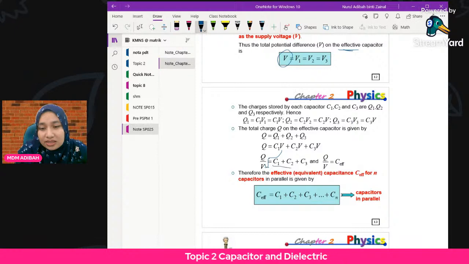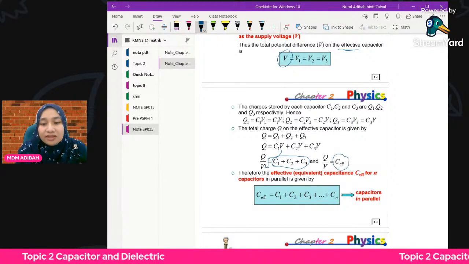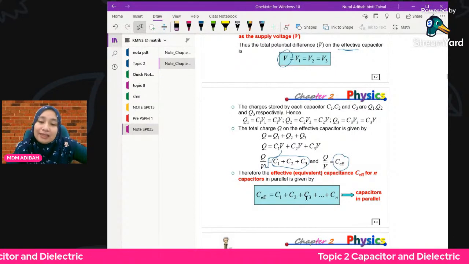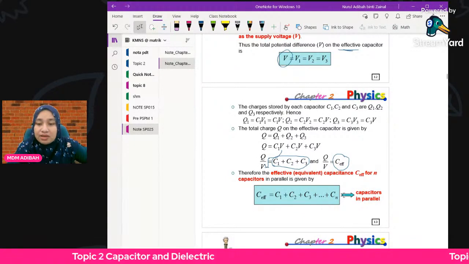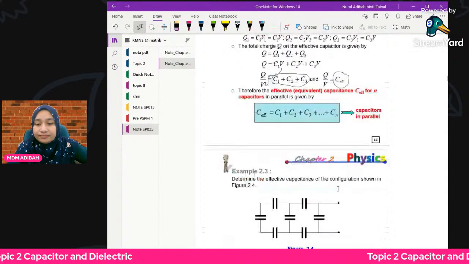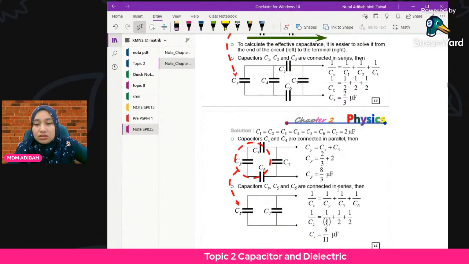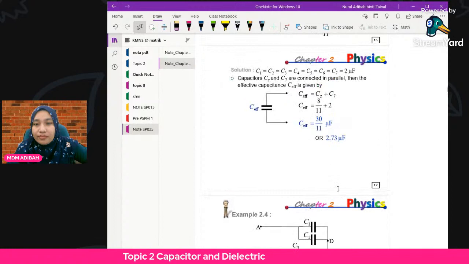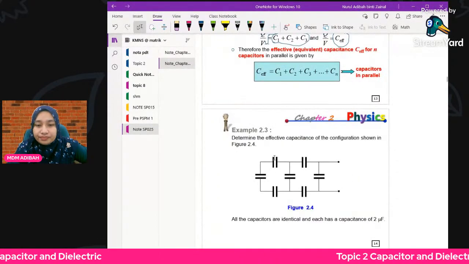So ini adalah hasil tambah capacitance. So dapat C efektif. Hence untuk parallel circuit, C efektif awak guna tambahkan sahaja.